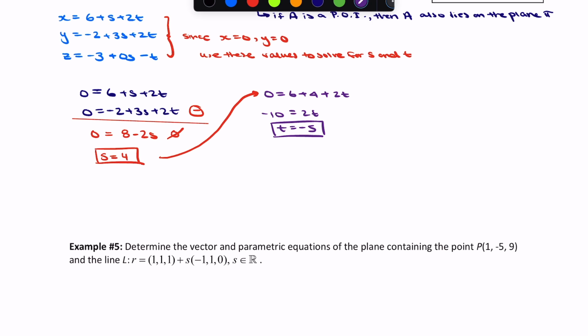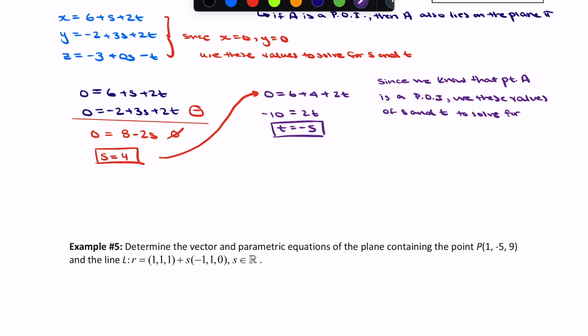Okay, so again, since here we know that point A is a point of intersection, we can use these values that we just found, s is equal to 4 and t is equal to negative 5, to solve for z in the third parametric equation.